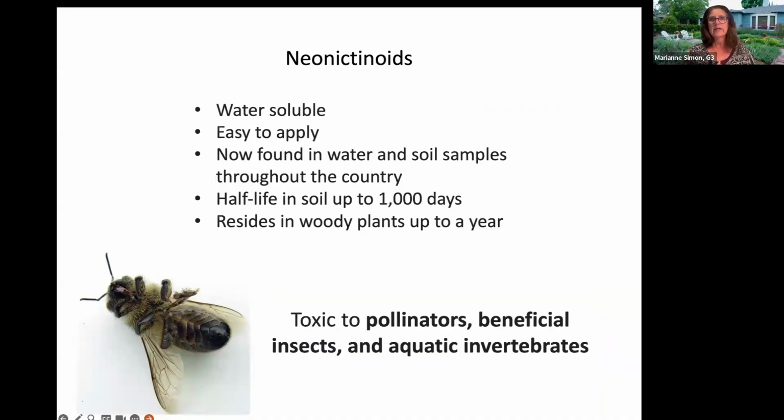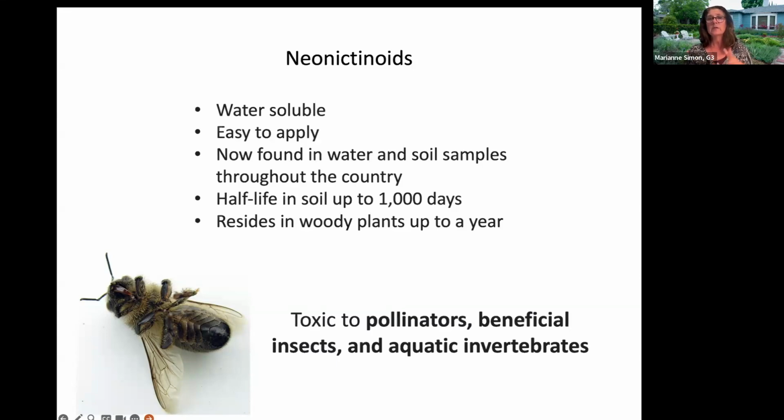And then here's another one that we wanted to talk about in a little more detail, and that is the neonicotinoids. This is an insecticide that is unfortunately more and more common. It is one of the reasons we strongly encourage you to buy your plants from smaller local nurseries that don't use this.